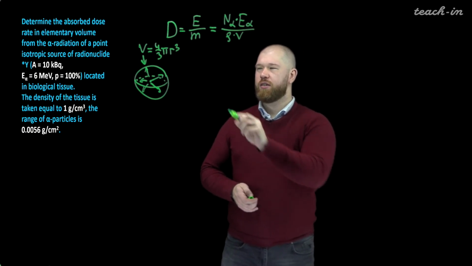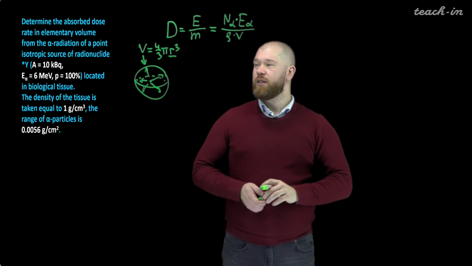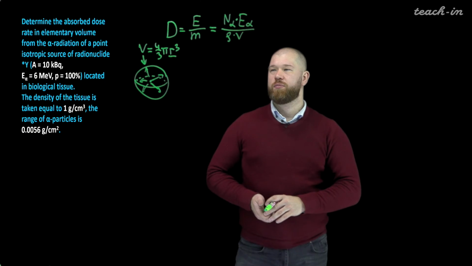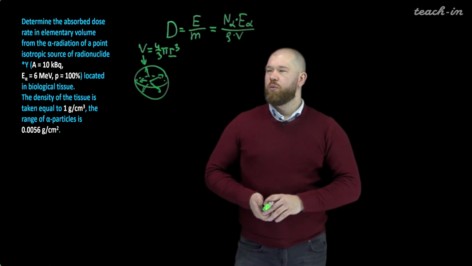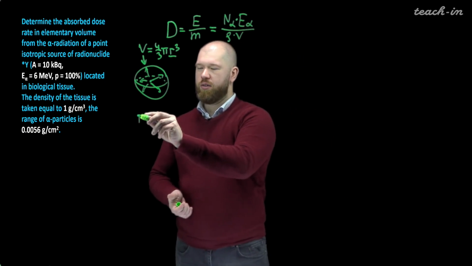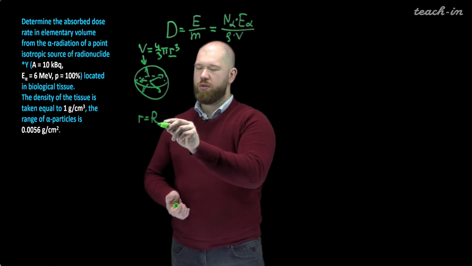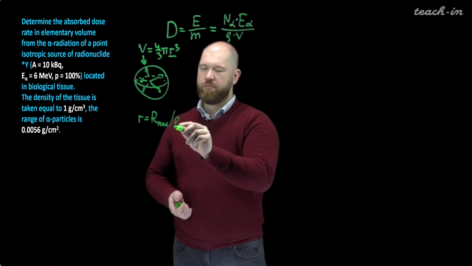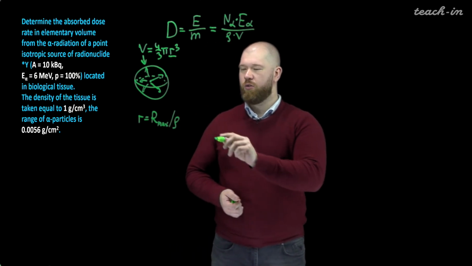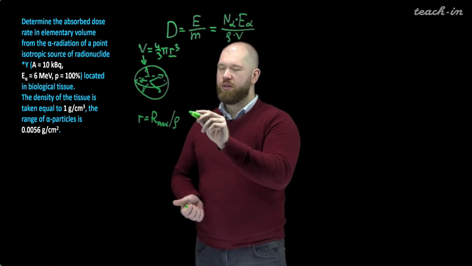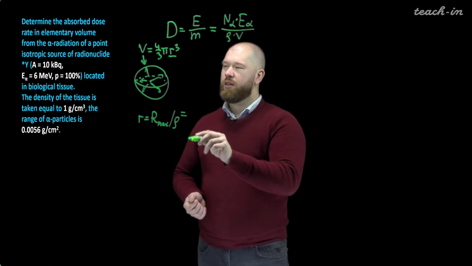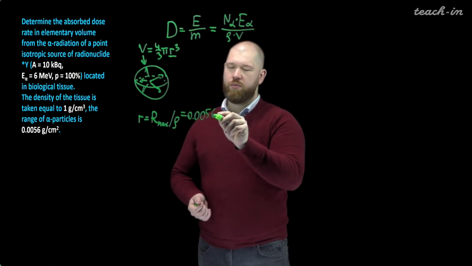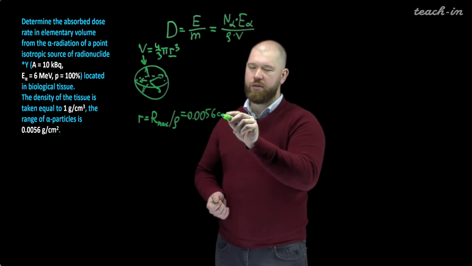And in this case, this radius is equal to the range of alpha particles. We can express this range knowing the maximum range of alpha particles and dividing by the density of our material, which is 1 gram per cubic centimeter, and thus the radius will be equal to 0.0056 centimeters.